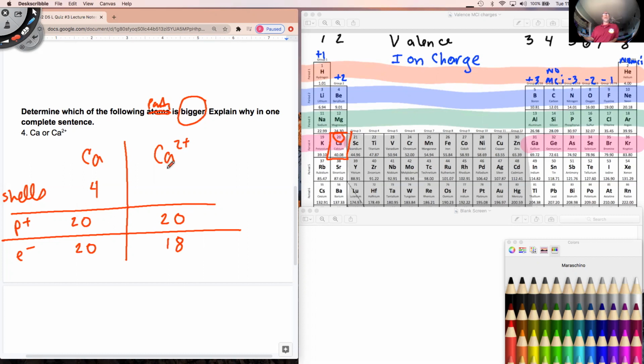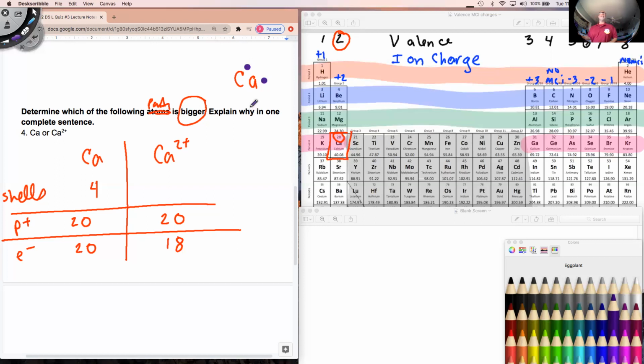All right, now let's look at the shells. Calcium has 2 valence electrons on the outside, so calcium would be drawn with 2 valence electrons on the outside.